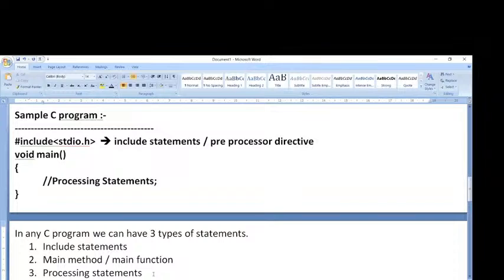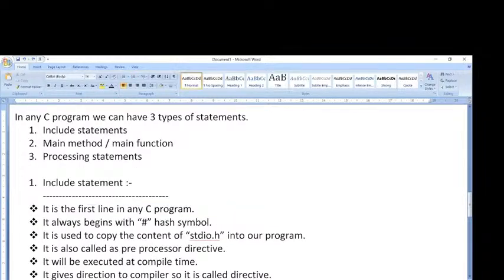It is also called a preprocessor directive. It executes at the time of compilation. It gives direction to the compiler.